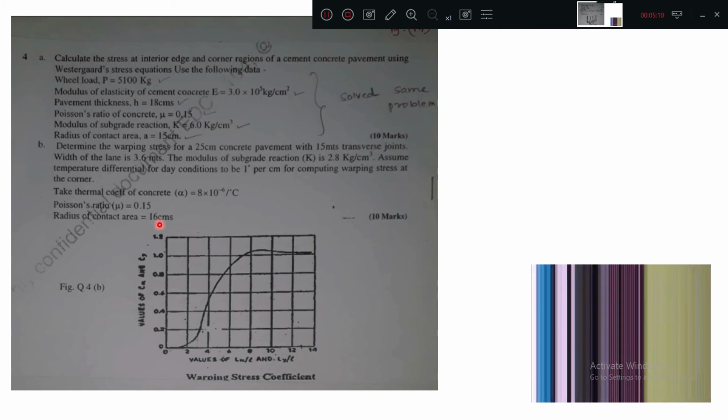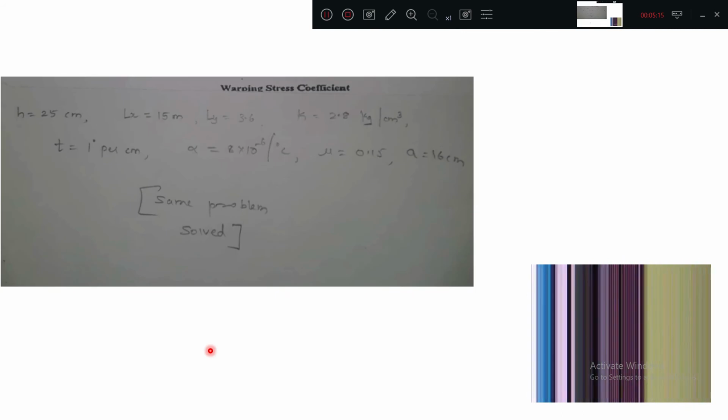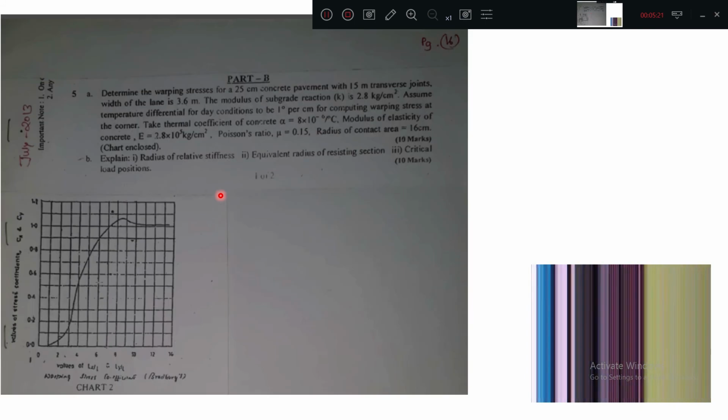Same similar problem only, what we have done, so I am not going to solve. This is a solved problem. Okay, same values, the same type of formula. What have they given? 25 centimeter, 15 meter, 3.6 meter, K equal to 2.8, 1 degree, alpha, mu, E value.